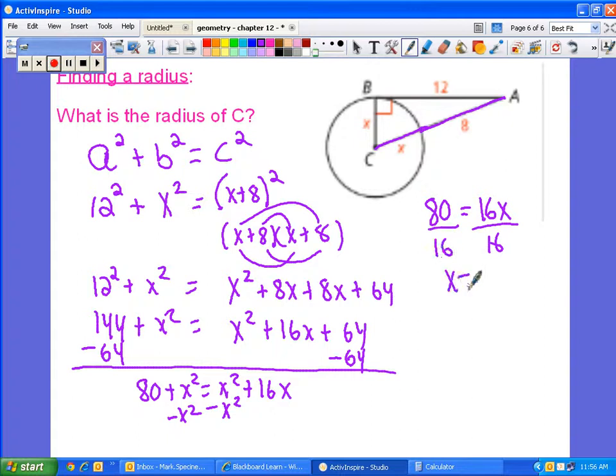I get that x is equal to 5. So how long is the radius? 5. And if you think about it, it makes sense. Because we have a 5, 12, 13 right triangle.